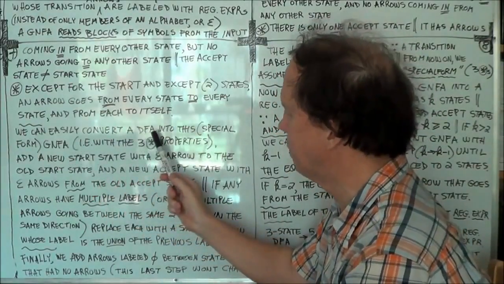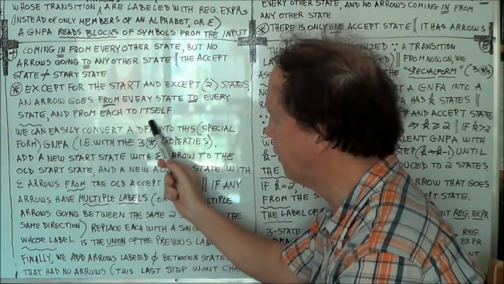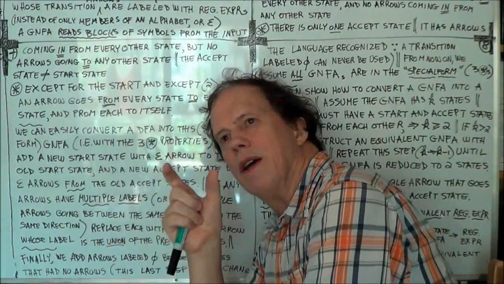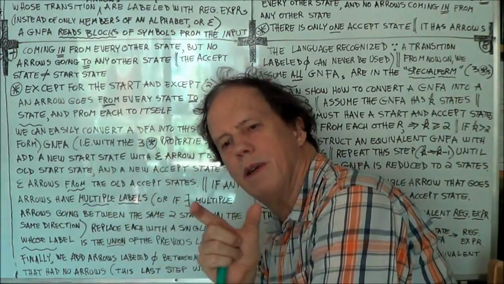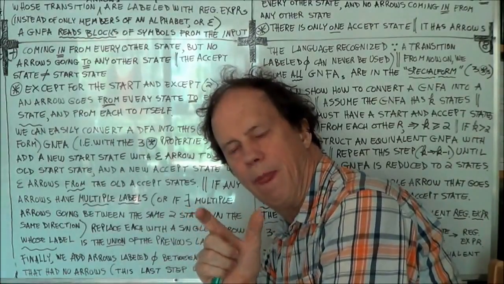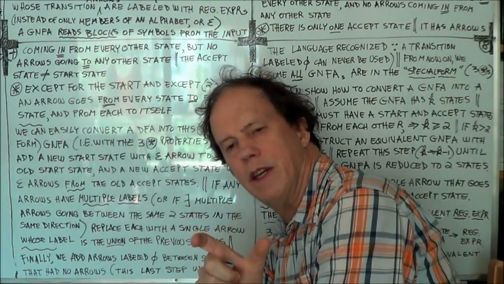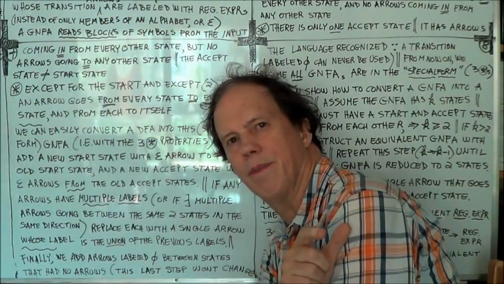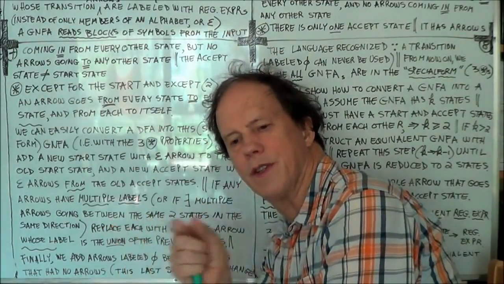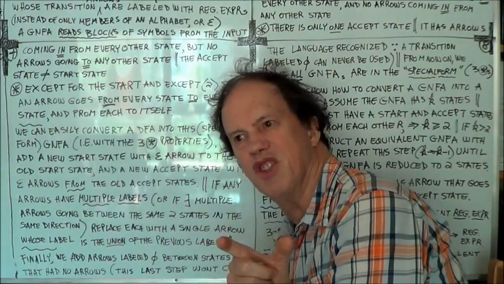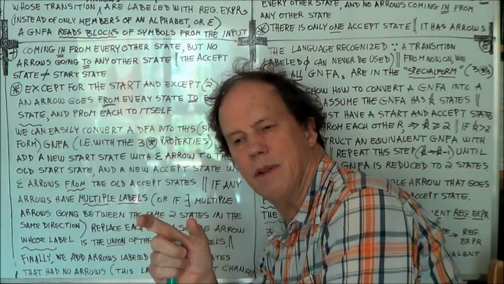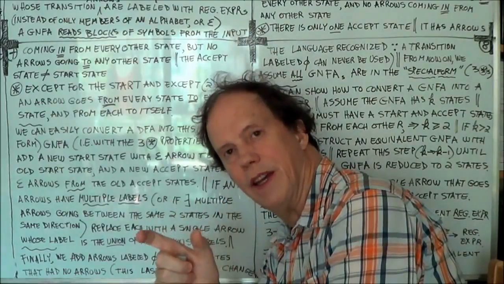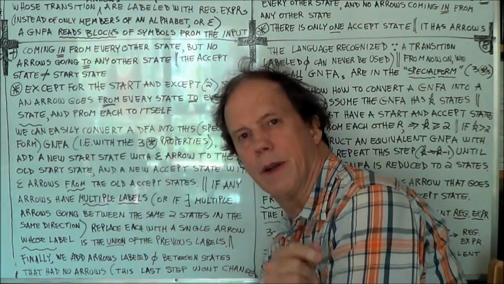so we're going to convert a DFA. Remember that two-step process. You go from a DFA into a GNFA, and then from the GNFA you can generate the regular expression. So if you skip the middle process, the GNFA, you're going from the DFA to the regular expression.